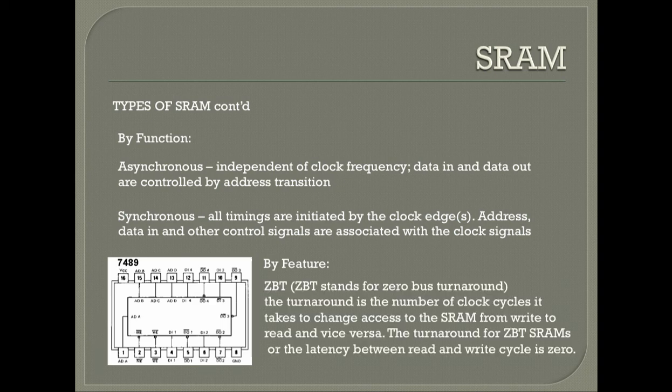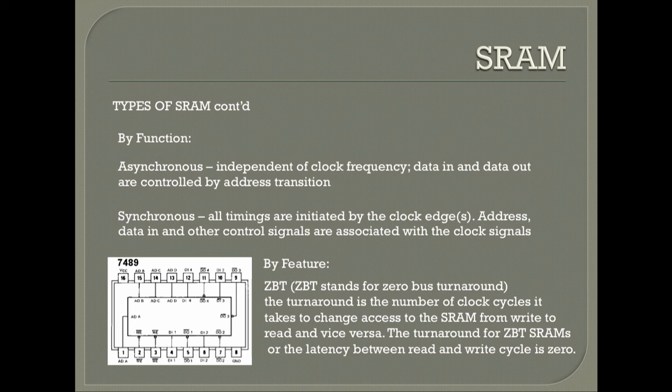Then we have by feature. ZBT stands for zero bus turnaround. The turnaround is the number of clock cycles it takes to change the access to the SRAM from write to read and vice versa. So the turnaround for ZBT SRAMs, or latency between the read and write cycle, is 0.